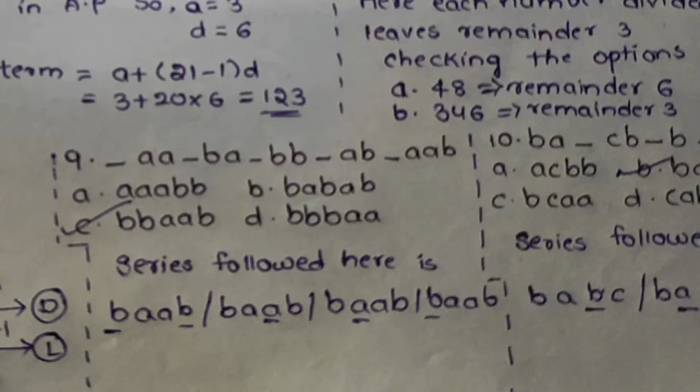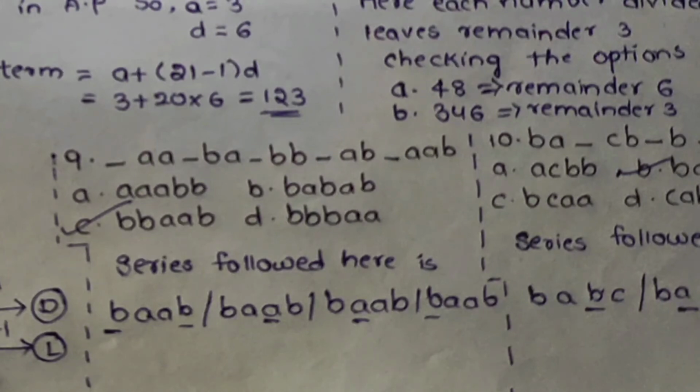So here carefully if you see, the series is ending with B, right? So here if you count how many letters are given, it is 12. Sorry, it is 16.